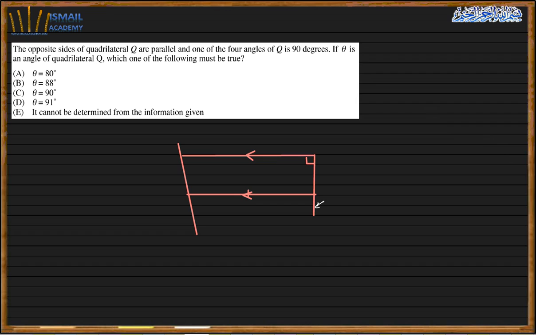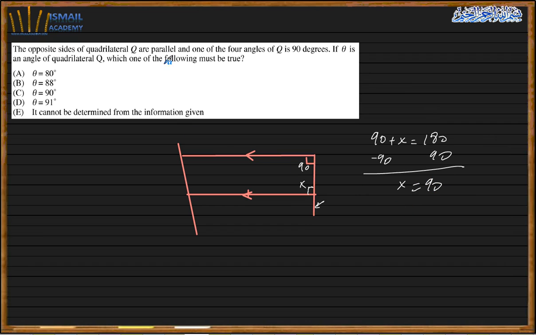Now which one of the following must be true? If those two are parallel and this is a transversal, the consecutive interior angles make 180 degrees, which means they are supplementary. If this is 90 and this is x, then 90 plus x is 180. If I subtract 90 from both sides, x must be 90.